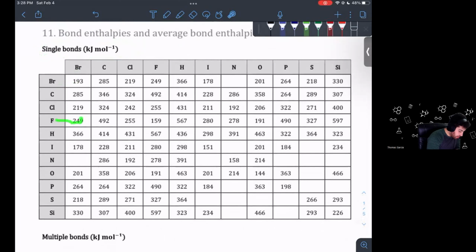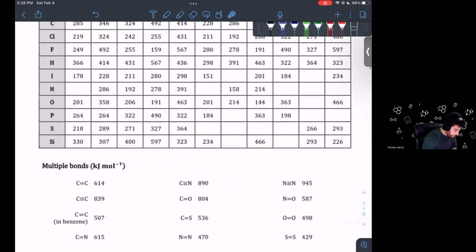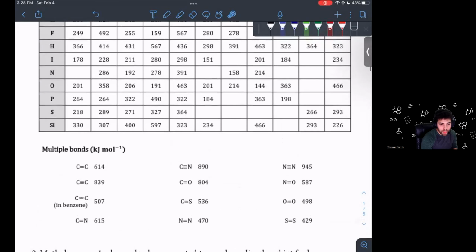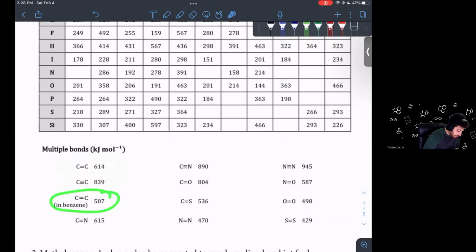A fluorine bonded to a bromine is 249, so it takes a bit more energy. You can get wild and do carbon and phosphorus, 264. You might notice that hydrogen has 436, one of the highest bond enthalpies. And sometimes we have multiple bonds. So in that case, we just have a couple listed here: double bonds, triple bonds, specifically bonds in benzene.